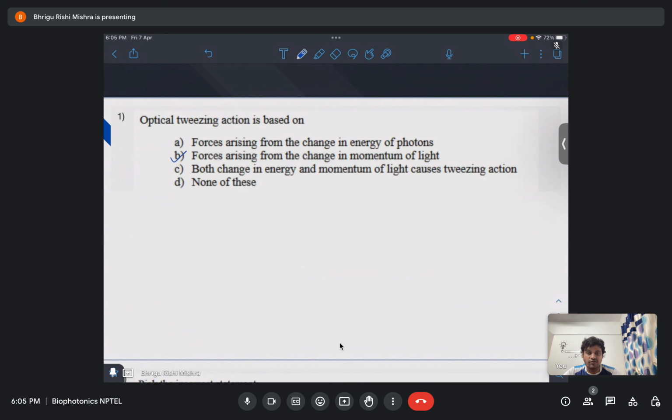Forces arising from the change in momentum of light, because basically you need force in order to trap or tweeze the tissues, inside the bunch of tissues or cells. That force comes from the change in momentum of light, meaning the laser light.